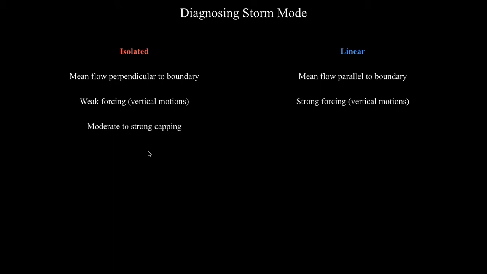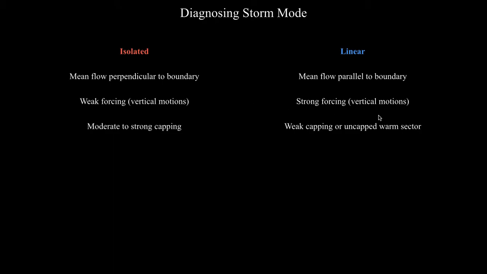But at the same time, that cap can limit the number of updrafts that penetrate it, which gives you a higher chance at achieving isolated storm modes, which also have a higher chance of becoming supercells. In the case of linear storms, a lot of times the linear environments typically have either no capping or very weak capping, which allows basically any thunderstorm updraft that goes up to achieve positive buoyancy, reach its level of free convection, and then develop into a thunderstorm.